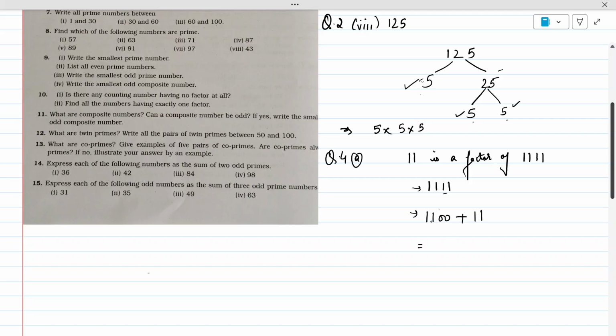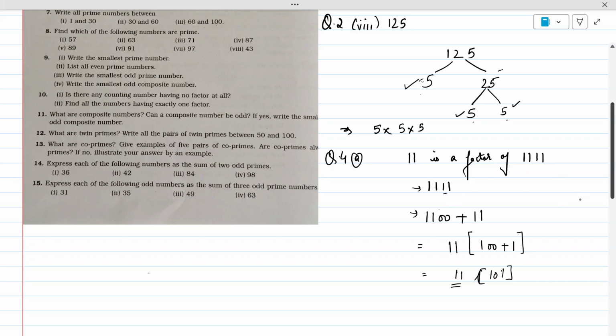Now in both the numbers we have 11 common, so we can take out 11 common, and then we have a bracket, and inside the bracket we write 100 plus 1. Correct? Because if you multiply this, you will get the same number. So from this 1111, we have taken out 11 common. We can clearly see here that one factor is 11, and the other factor is 101. So that means 11 is a factor of this number.